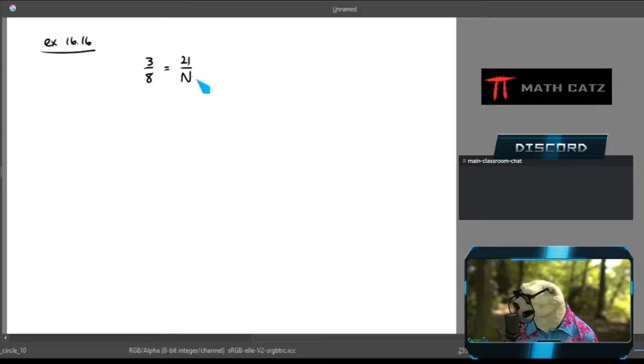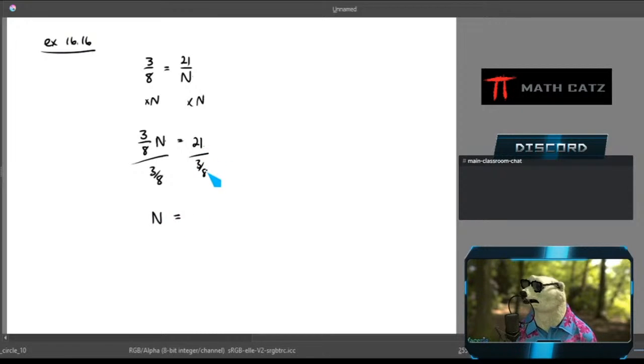I have to somehow get the variable out of the denominator position. So I'm going to multiply both sides by n, and then I have 3 over 8 times n equal to 21. Then I have to divide both sides by 3 over 8 to get n alone, and when I divide by a fraction, I multiply by the reciprocal, it's equivalent, so I have 21 times 8 over 3.